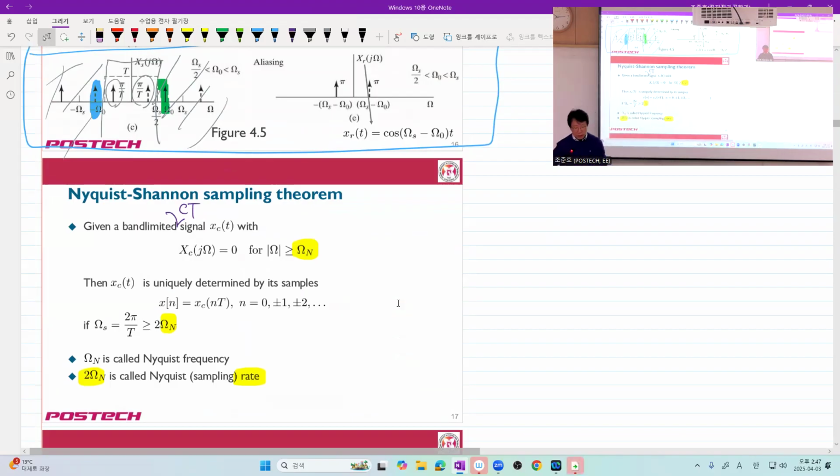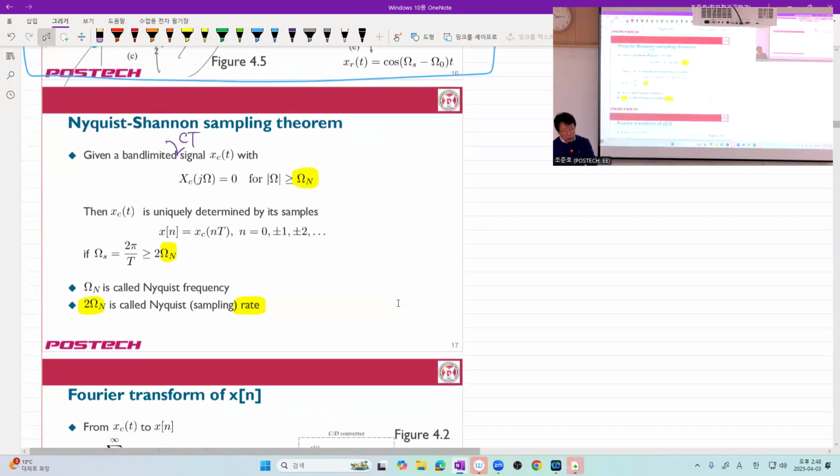Got it? Anyway, so here goes the summary of the Nyquist sampling theorem. And suddenly you may wonder why this guy's name is here, Shannon. Sometimes this theorem is called by many people the Shannon-Nyquist theorem, but actually this is not correct.